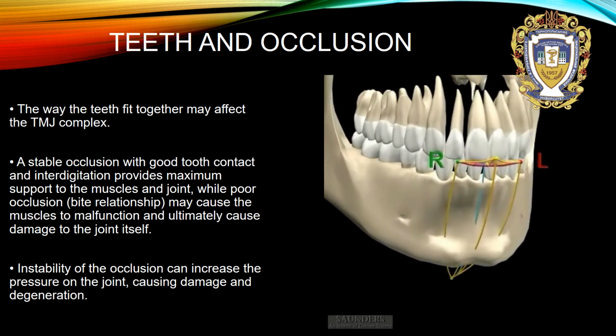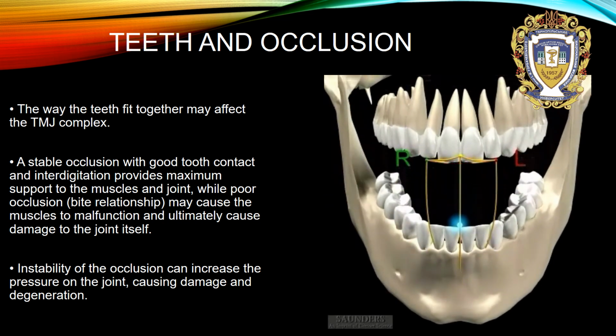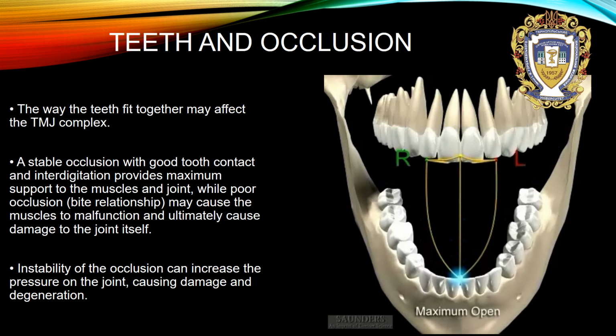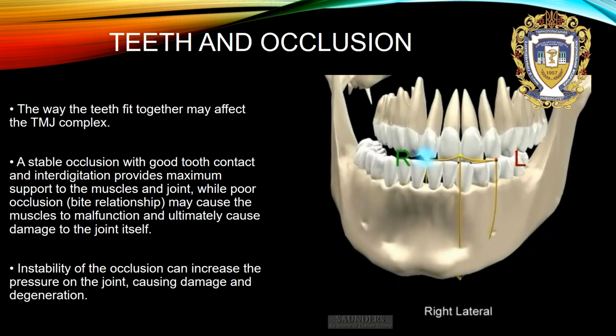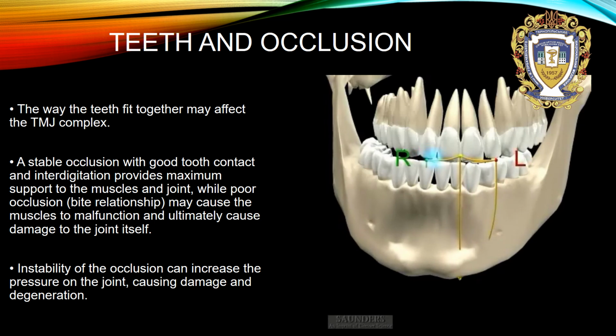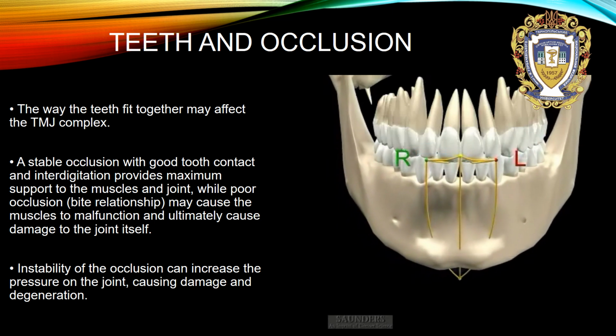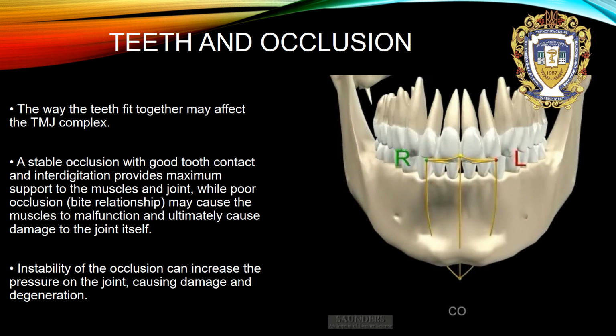A very important part of the joint system: the teeth and occlusion. The way the teeth fit together may affect the temporomandibular joint complex.